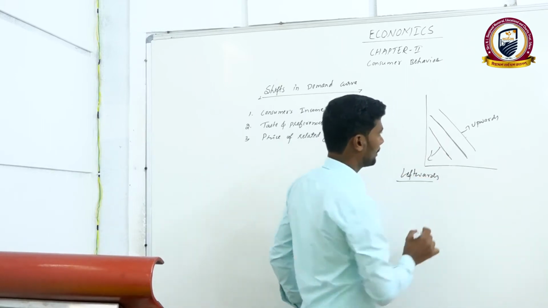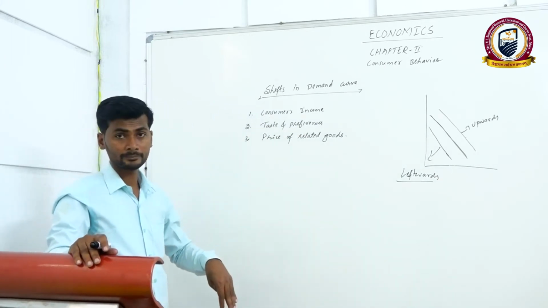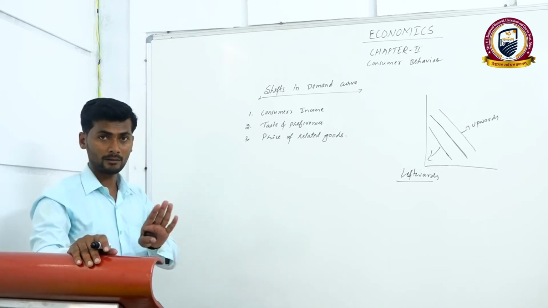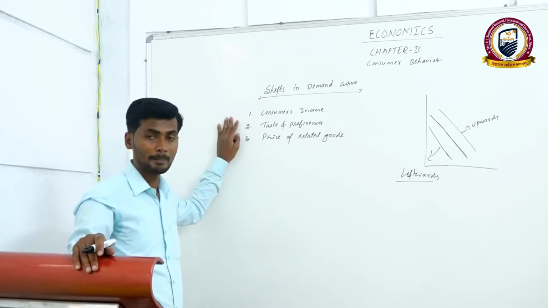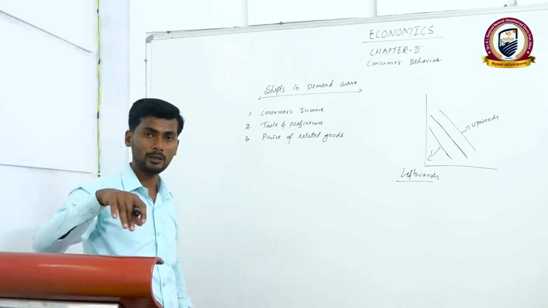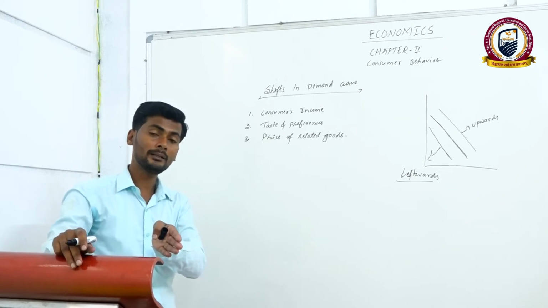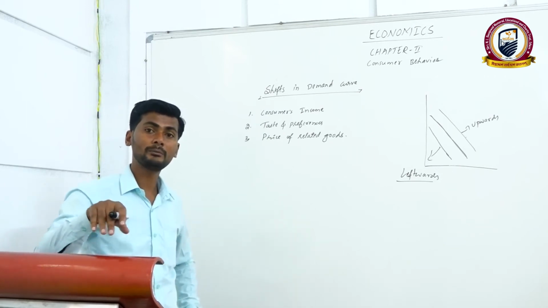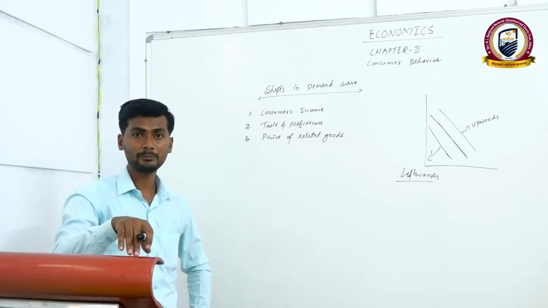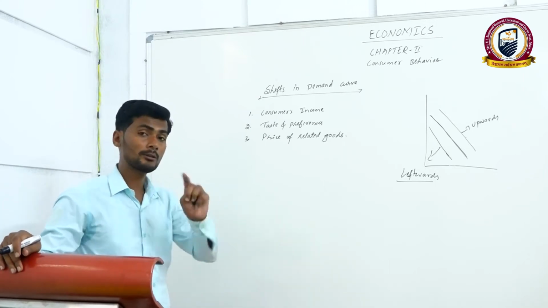What is the reason for the demand curve shifting? We haven't yet discussed this. You are already aware of the law of demand. What does the law of demand say? When other things are constant, the relationship between price and demand is evaluated.